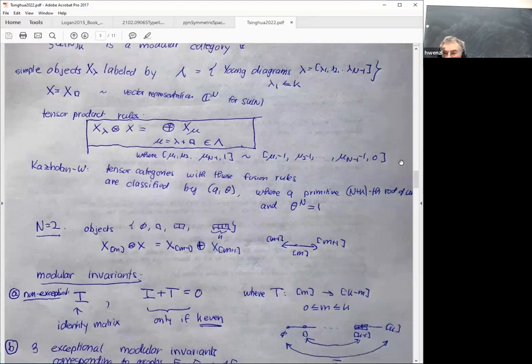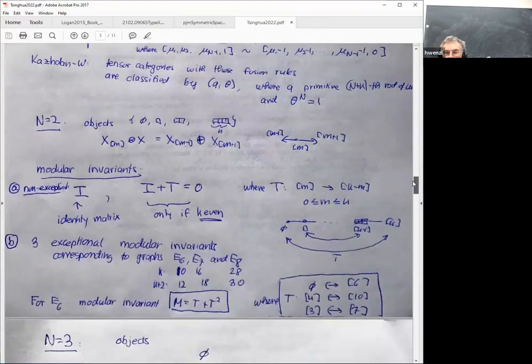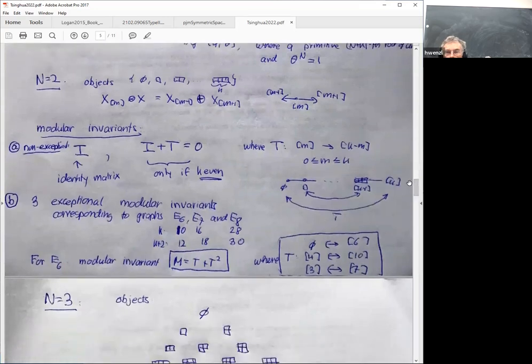All right, let's do two examples in greater detail. First, for n equals 2, the objects are given by the one-row Young diagrams, going from the empty one to the Young diagram with k boxes.